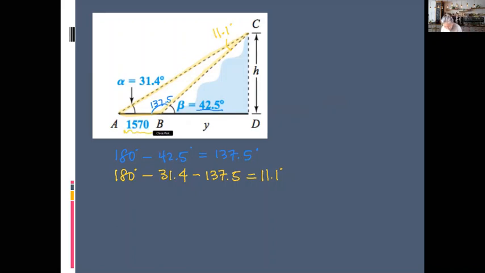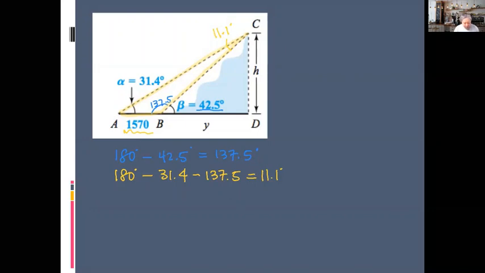Then the law of sine for us to utilize here can have the ratio between side measure 1570 and sine value of 11.1. Then it opens up the opportunity for us to get the side measure of either AC or BC.